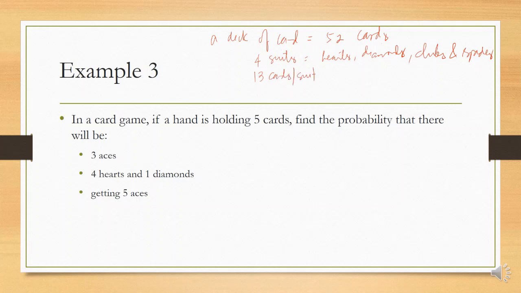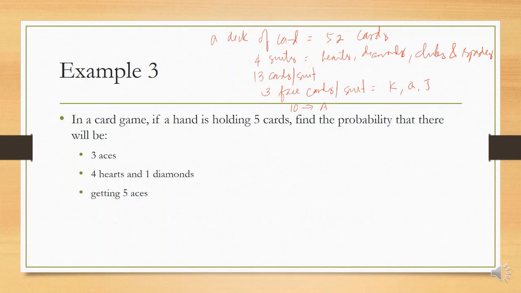Okay, and then we have 3 face cards per suit, which are king, the queen, and the jack. Okay, and then the numbers 10 to ace, which is considered 1.